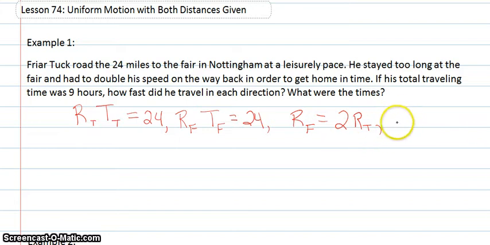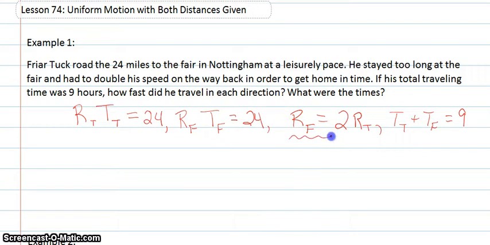And then the last one for our comparison of times, it says his total traveling time was 9 hours. So I would have his time to plus his time from equals 9. Okay, so that's our 4 equations that they had been giving us, and now we have to set them up on our own.